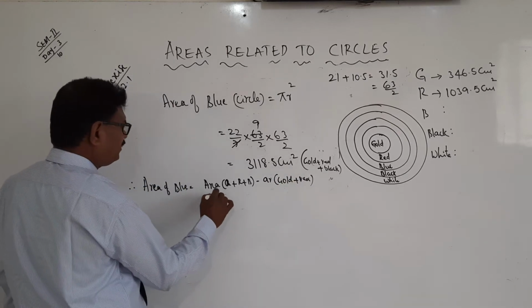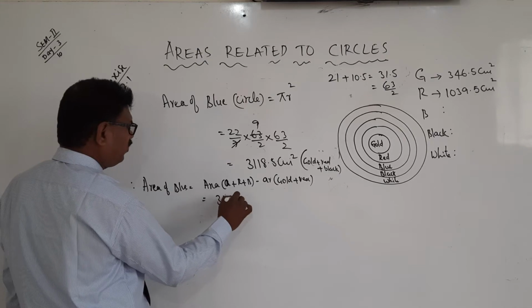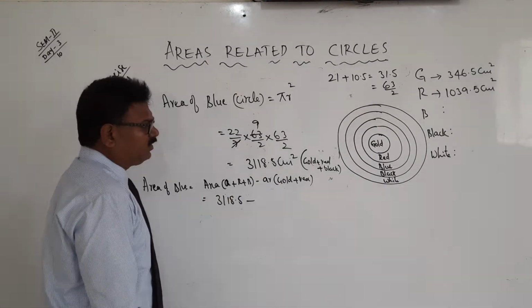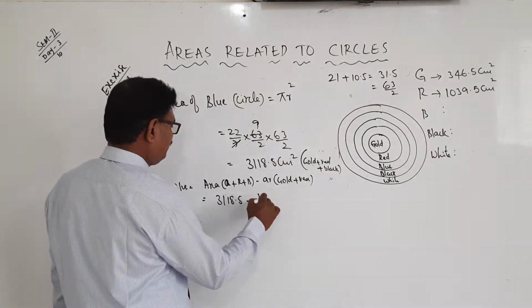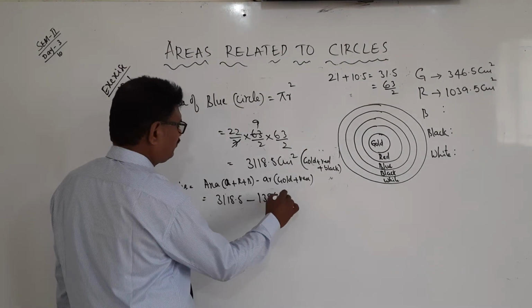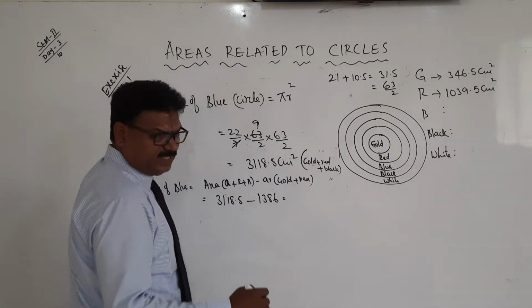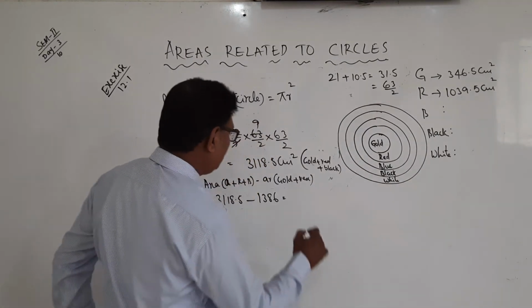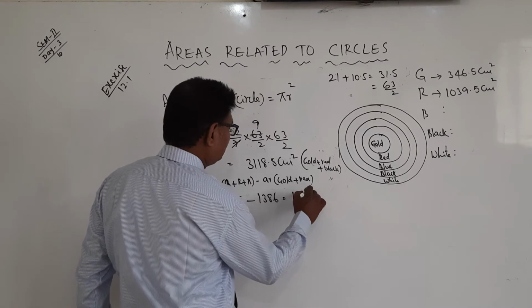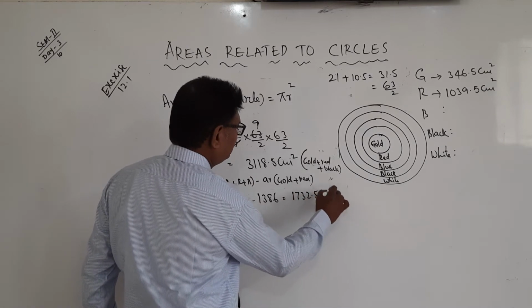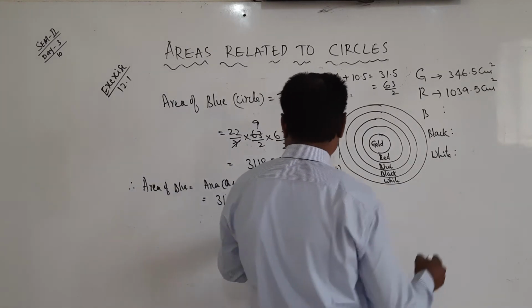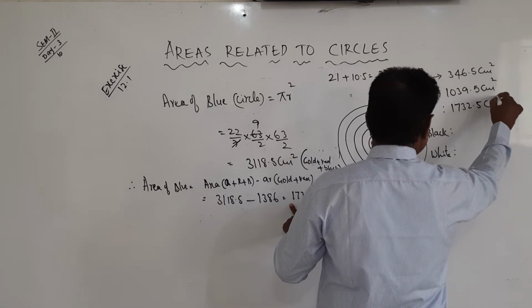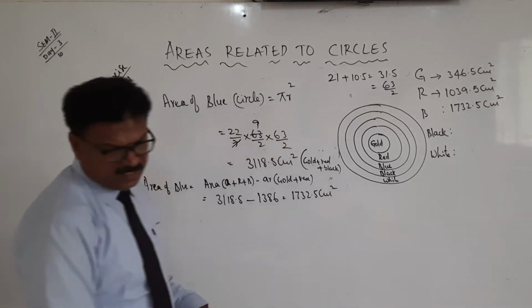That means 3118.5 minus 1386. So it is nothing but around 1732.5 centimeter square. Therefore 1732.5 centimeter square. Did you understand?